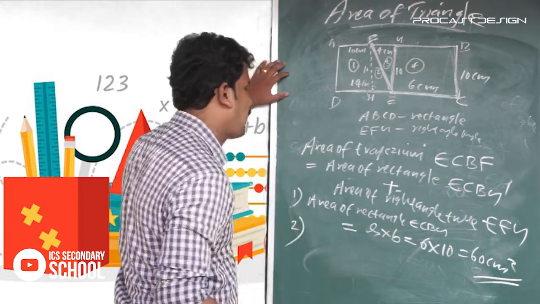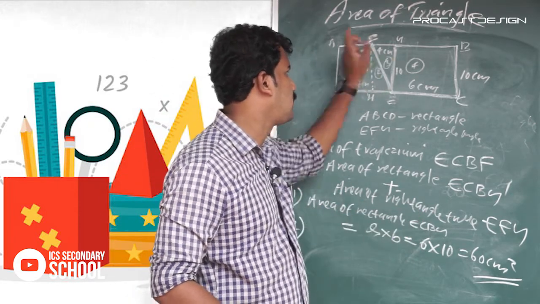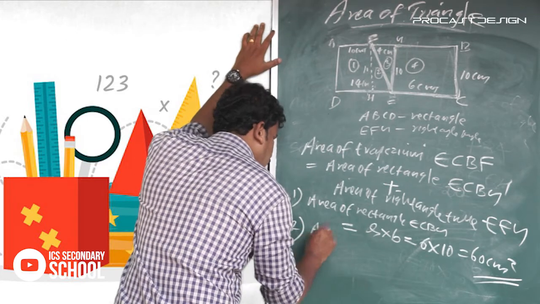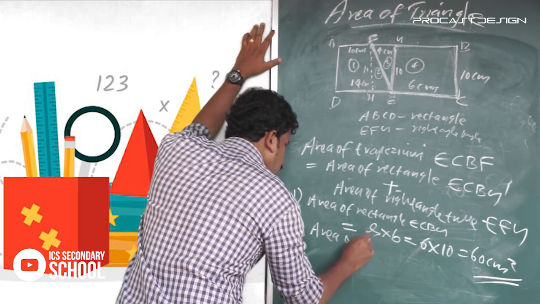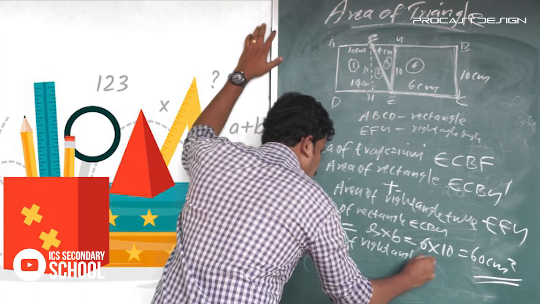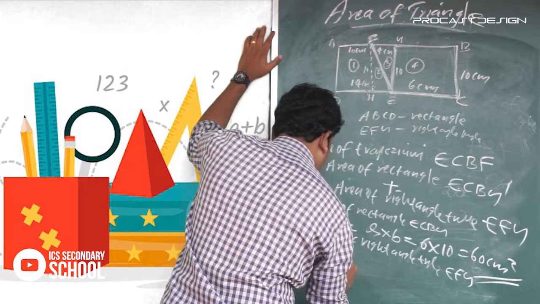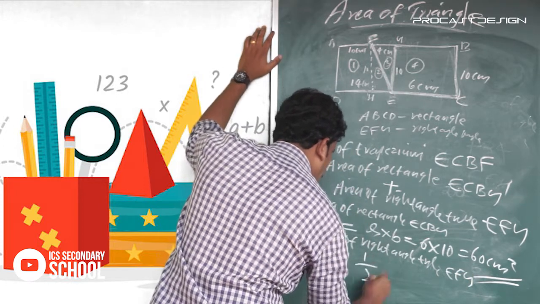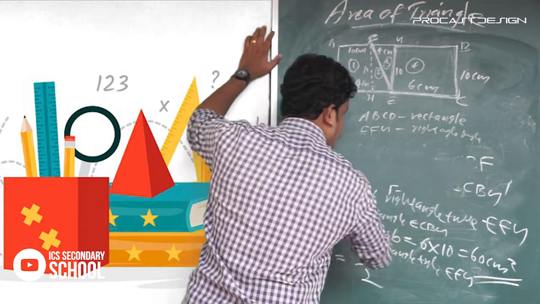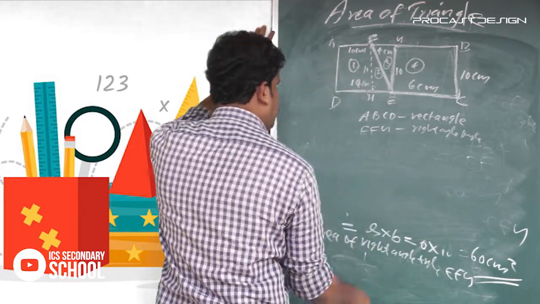Now second, area of right angle triangle EFG. How do we calculate the area of right angle triangle EFG?